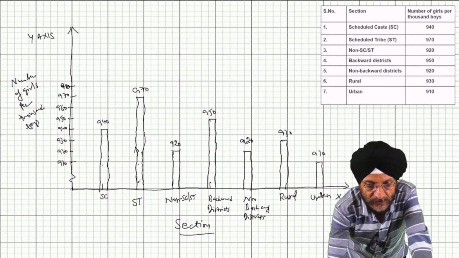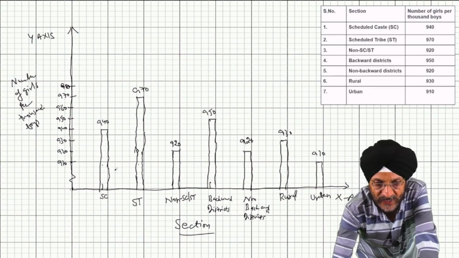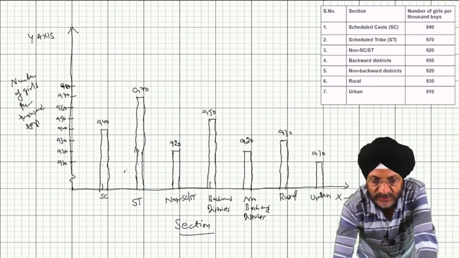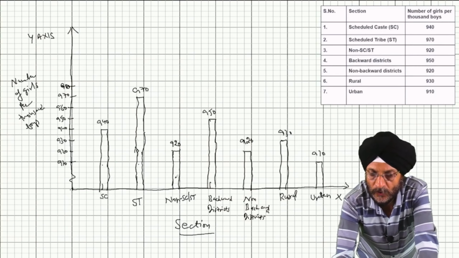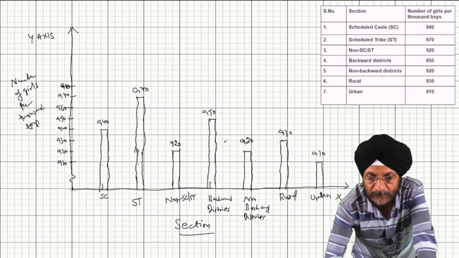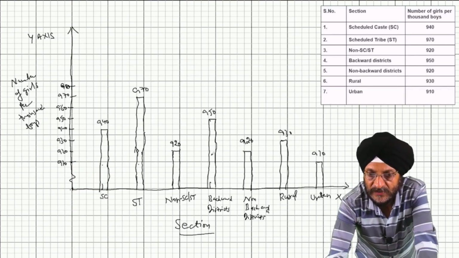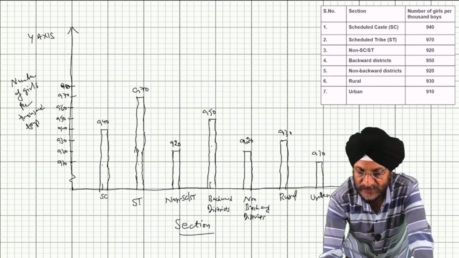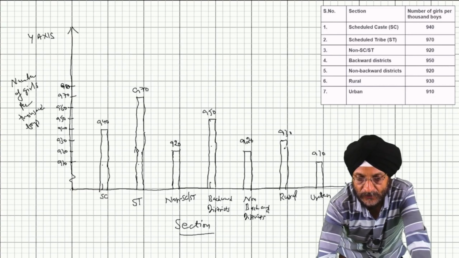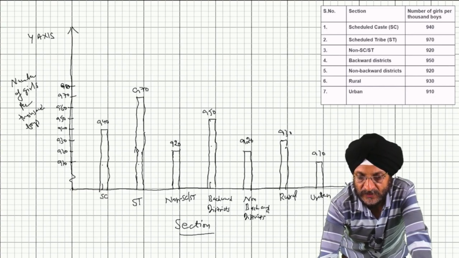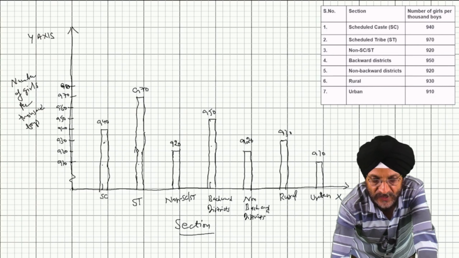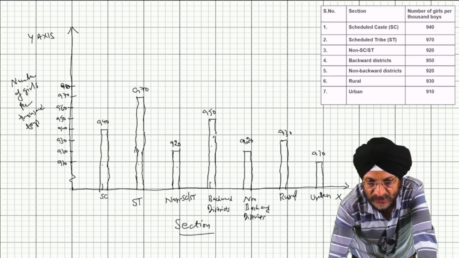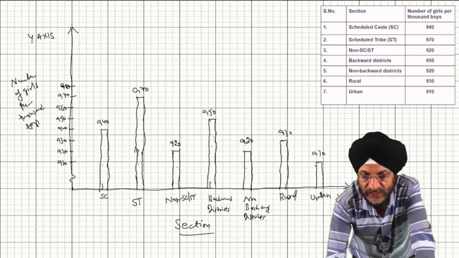You see here from the graph that in the case of SC and ST section, the number of girls is higher as compared to non-SC ST. In the case of backward districts, the number of girls per thousand boys is higher in comparison with non-backward districts. And in the case of rural section, the number of girls per thousand boys is higher as compared to urban. That is, these two are higher in comparison to this. This one is higher in comparison to this.